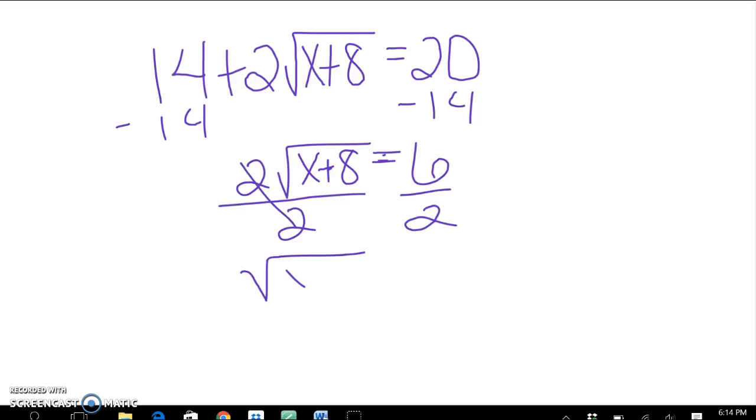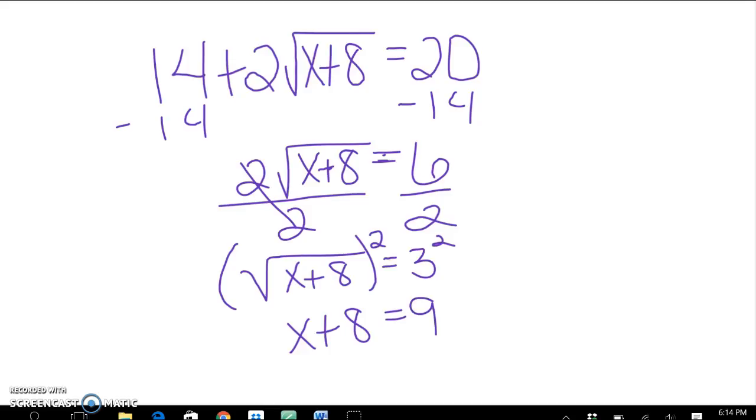Radical x plus 8 equals 3. Next step, square both sides. So x plus 8 without a radical equals 9. Last step, subtract 8. X equals 1.